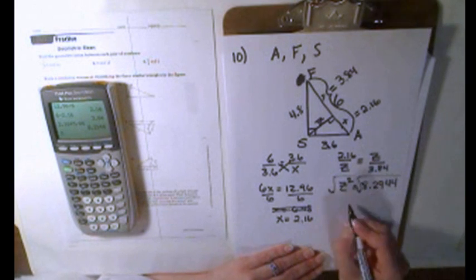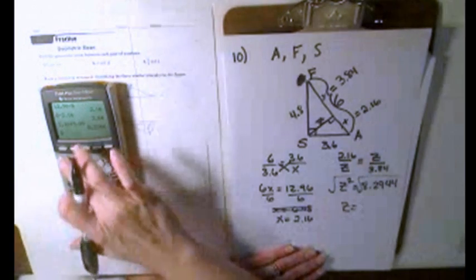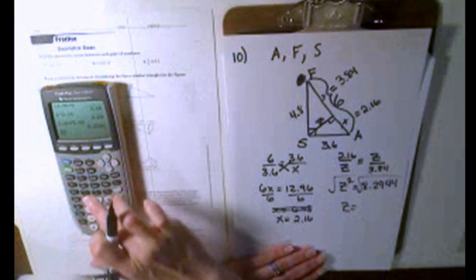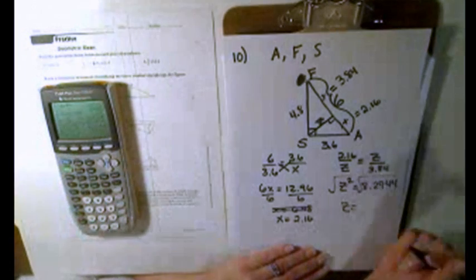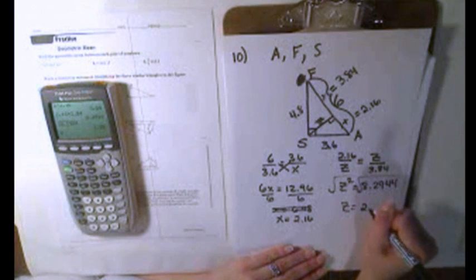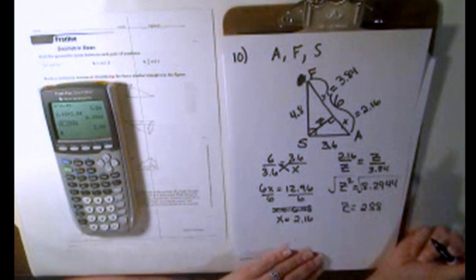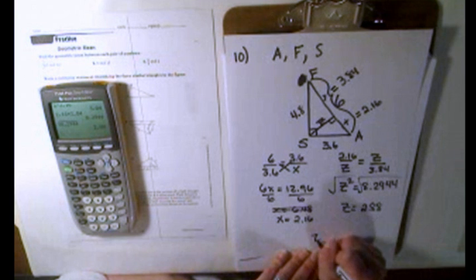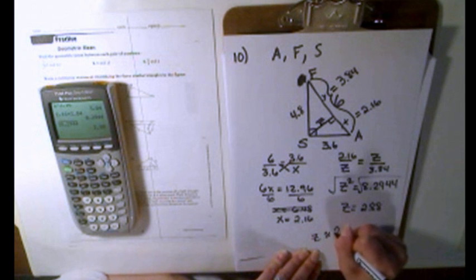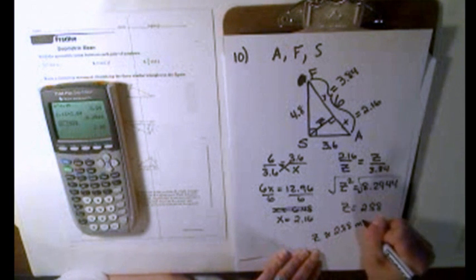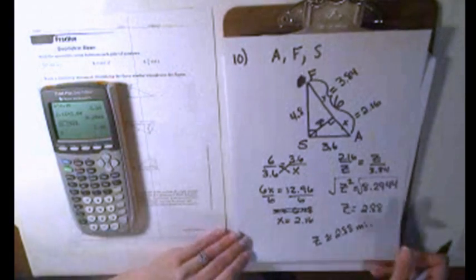Square rooting both sides, and I'm going to take the positive because it's a segment length. 8.2944. It's not too many decimals to carry along. Wow, that came out exactly to 2.88. So the service road is about 2.88 miles long. Great, now they'll know how much asphalt to order.